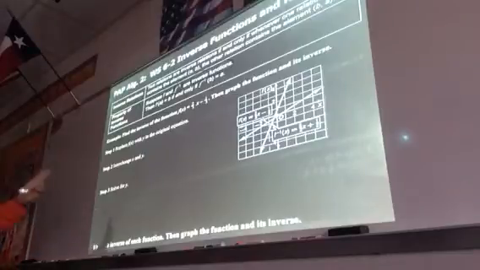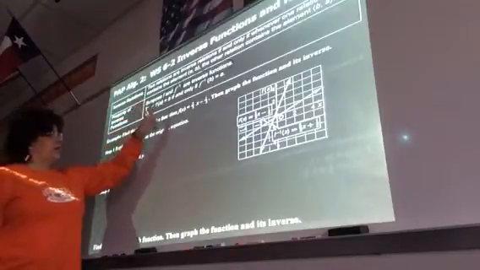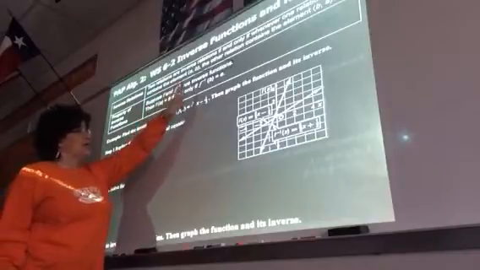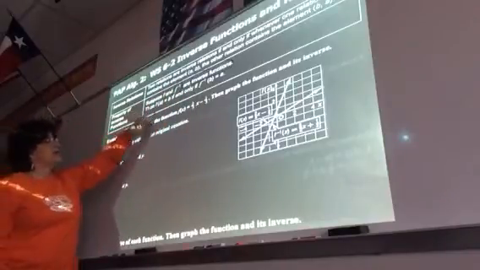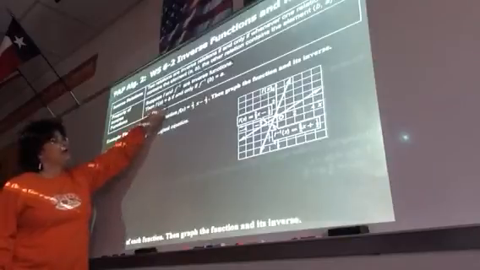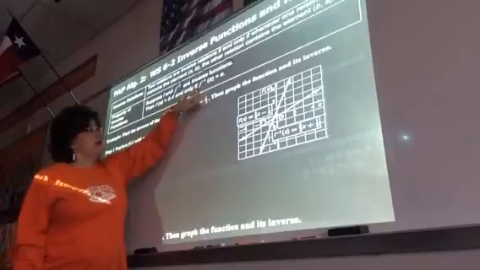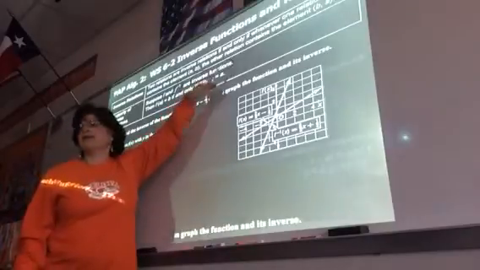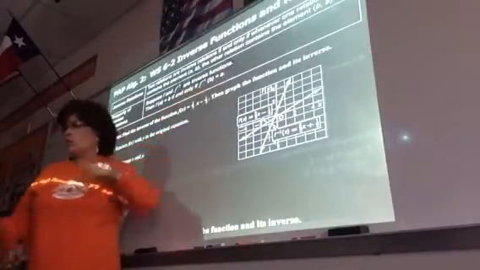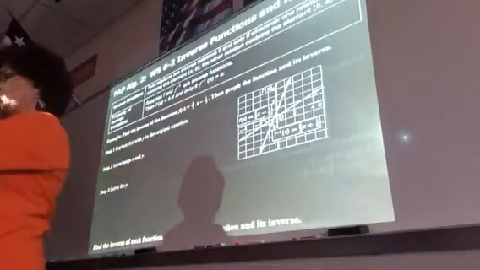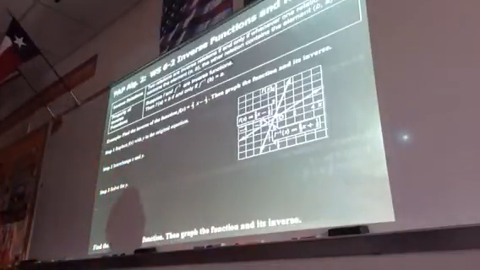Okay, if f and the inverse of f are truly inverse functions, then f of a equals b if and only if the inverse of f of b equals a. So we're literally interchanging input and output.